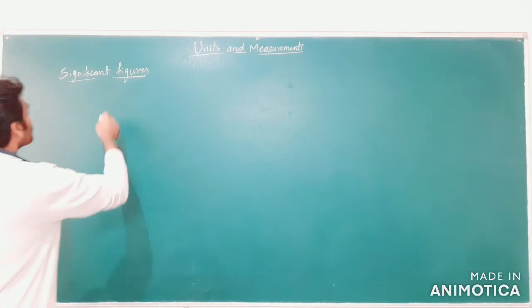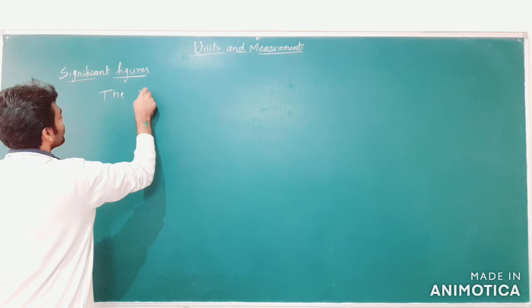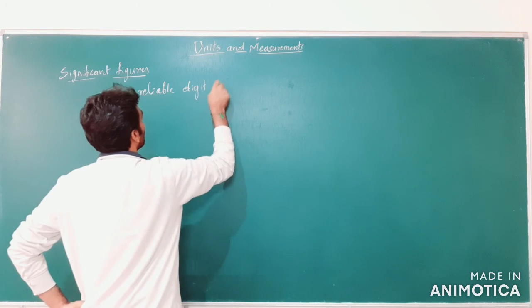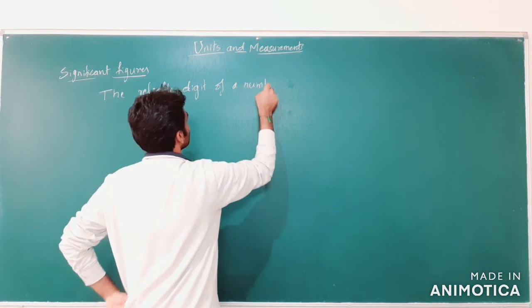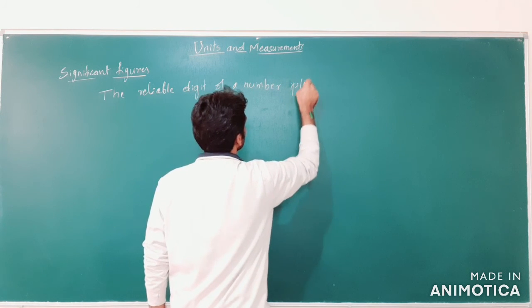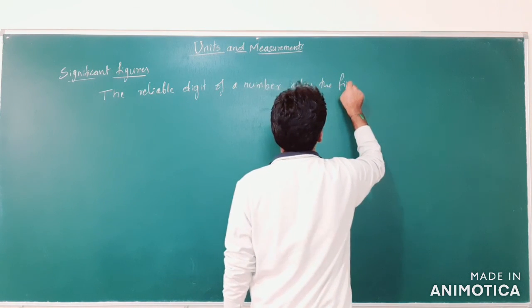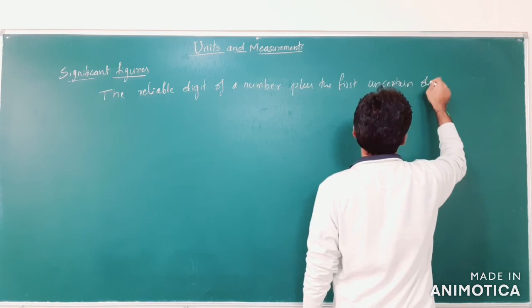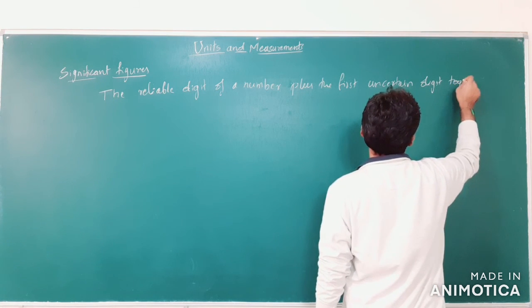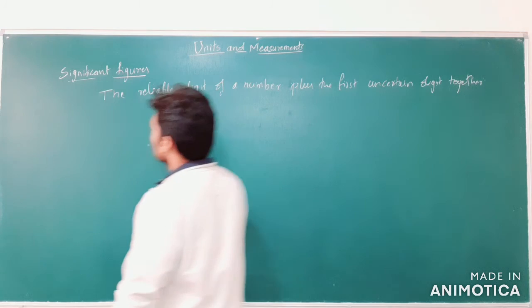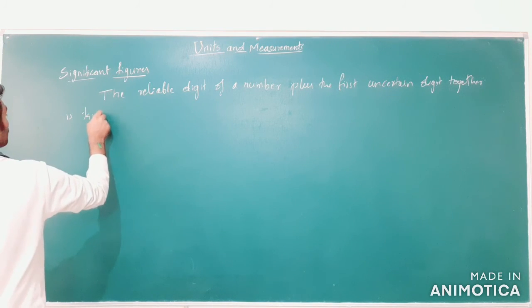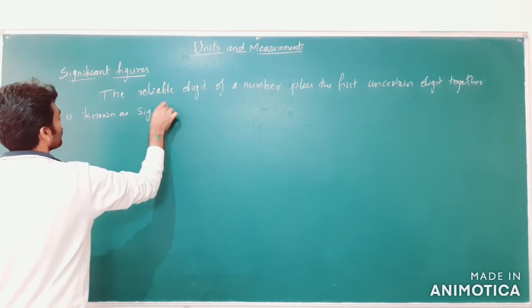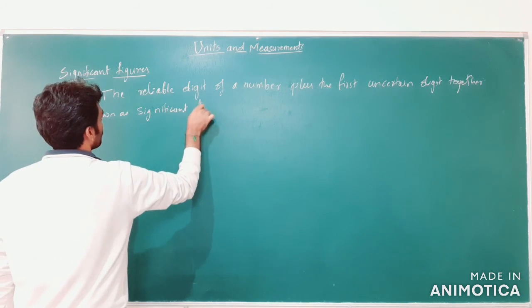The reliable digits of a number plus the first uncertain digit, together, is known as significant figures.